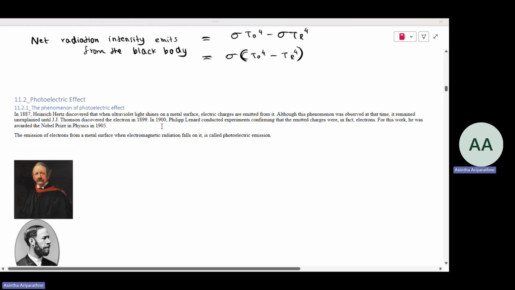This photoelectric effect phenomenon was first found by a scientist called Hertz in 1887.